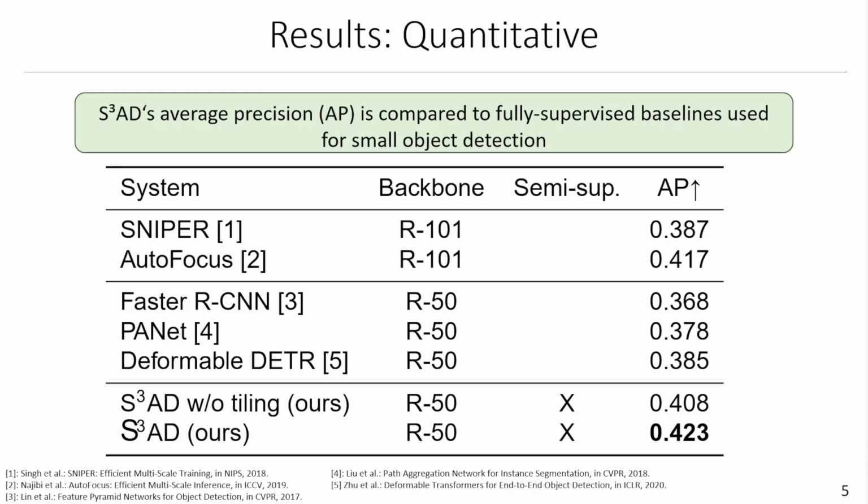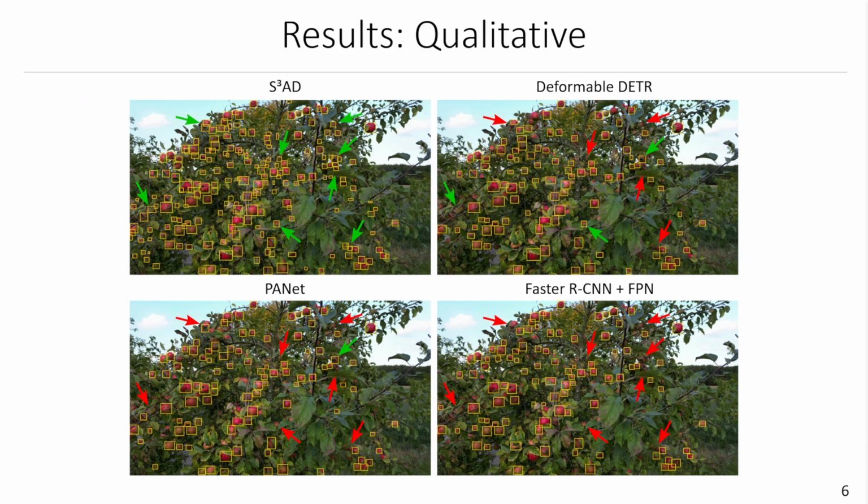We also compared our approach with the small object detection systems SNIPER and AutoFocus, which both use a more powerful ResNet-101 backbone, but nonetheless S3AD outperforms both by 3.7 and 0.5% respectively. The qualitative comparison shows that S3AD is much better at finding objects that are very small, clustered together, or heavily occluded.